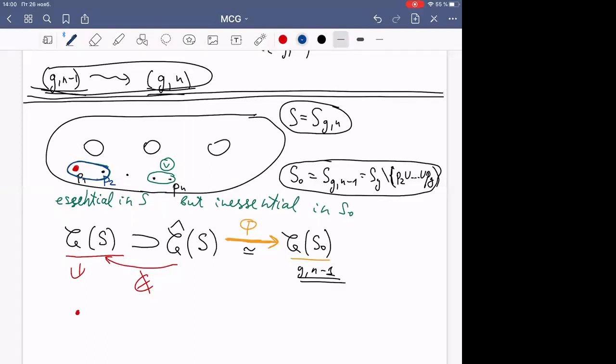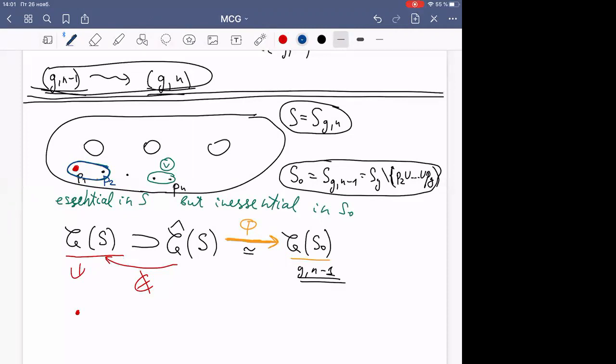We have discussed that first of all, there are infinitely many of such curves, and second, if they are different, they intersect, so they cannot be disjoint. Two curves of this type cannot be disjoint.